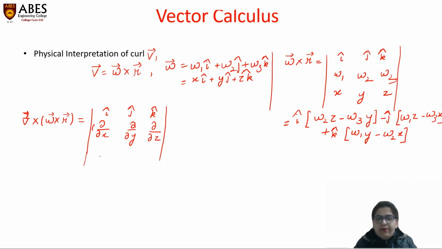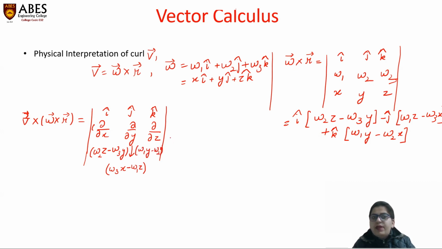Again, you will have the second vector, that is w2z minus w3y, the next component will be w3x minus w1z, and the third will be w1y minus w2x.